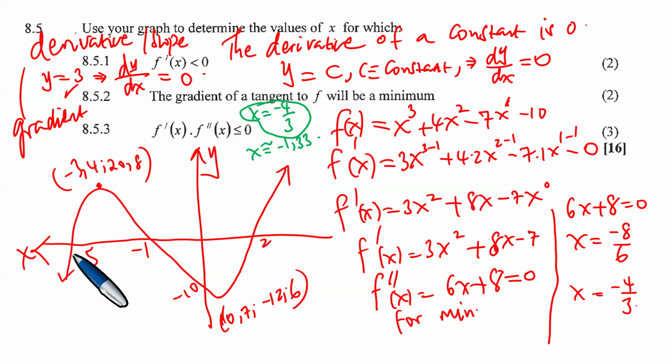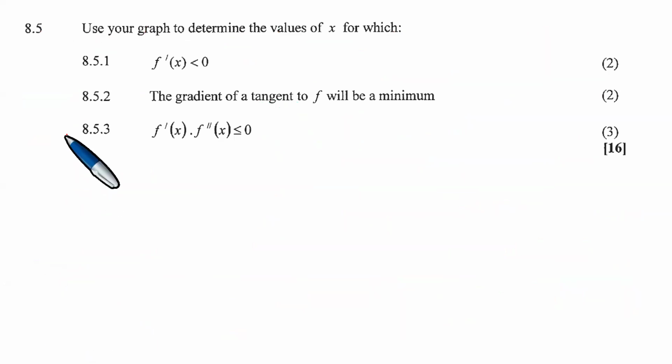So we're looking at 8.5.3. At 8.5.3, we continue to determine the values of x for which f prime of x times f double prime of x is less than or equal to 0.